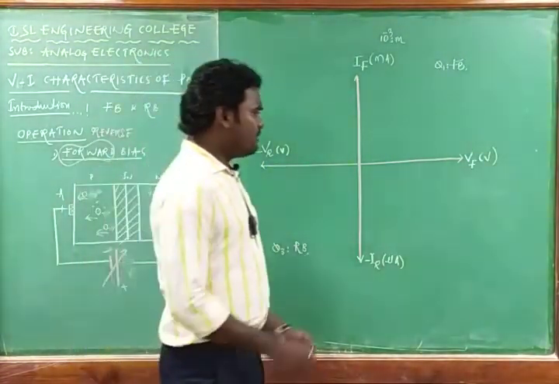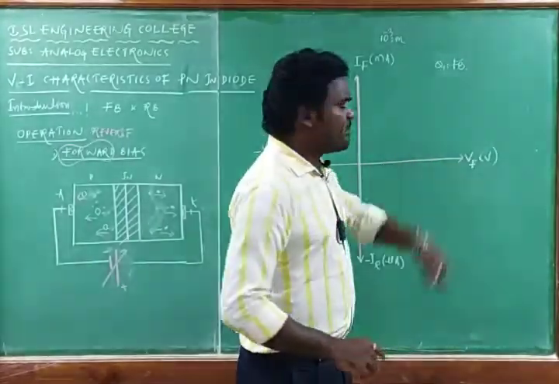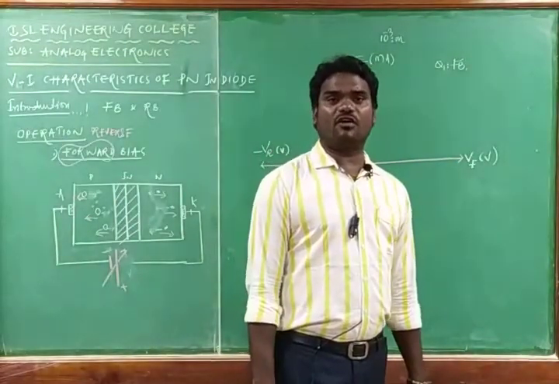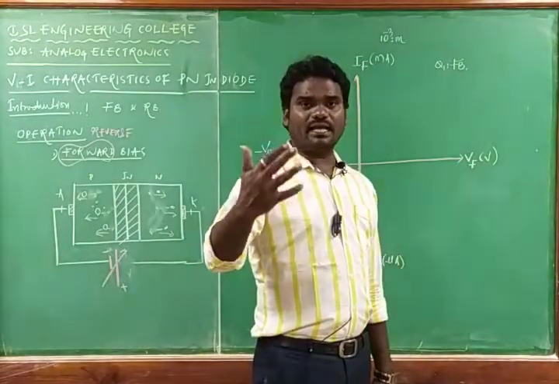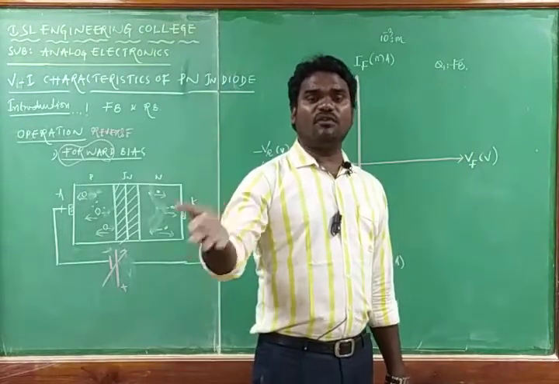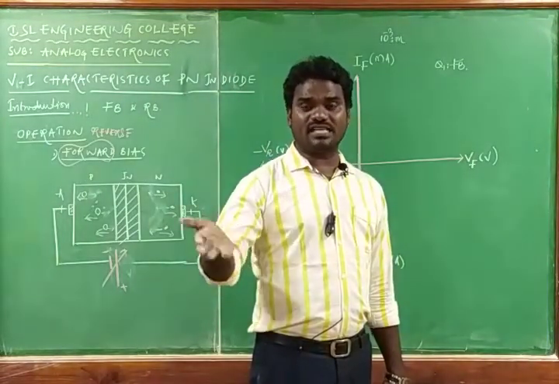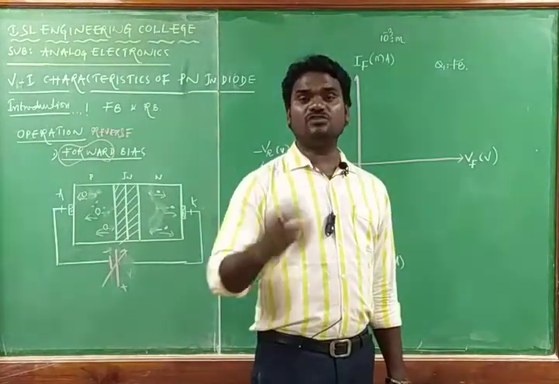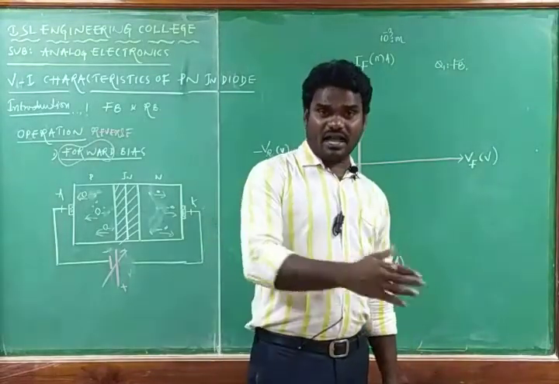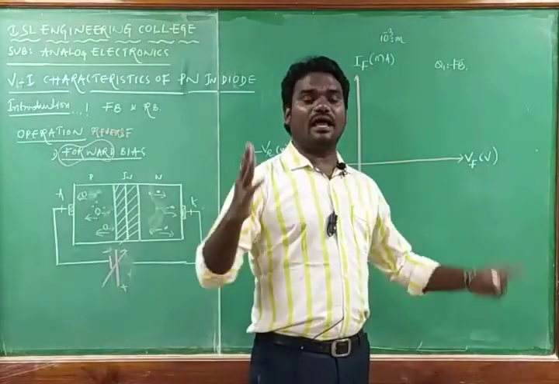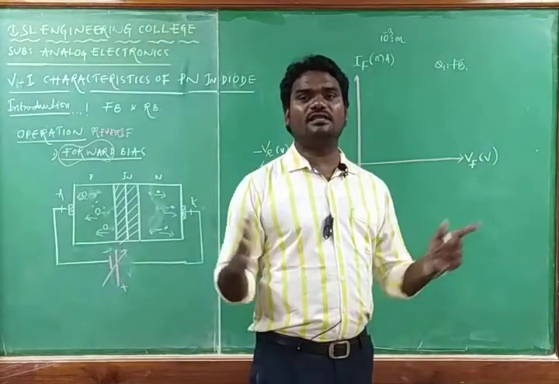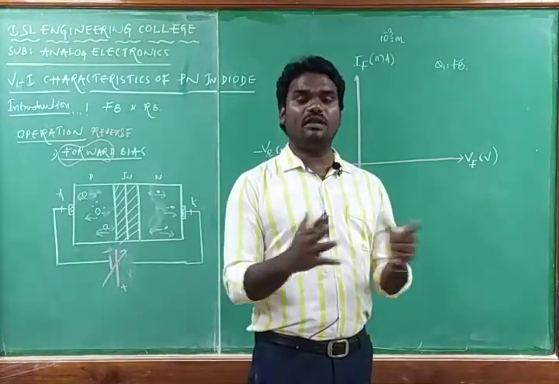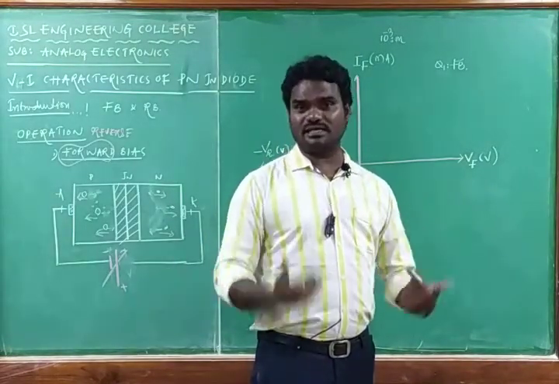As we know, when the PN junction diode is connected in forward bias, it gets current at 0.6 volt only. Less than 0.6 volt, there is no current. When it reaches 0.6 volts, at that particular point the depletion region vanishes, so it conducts current.